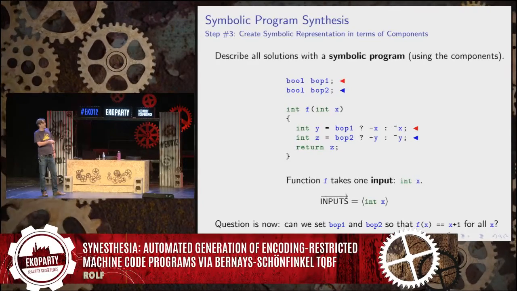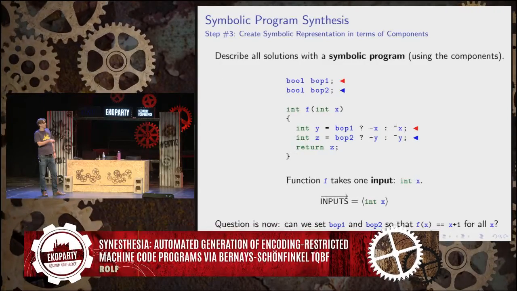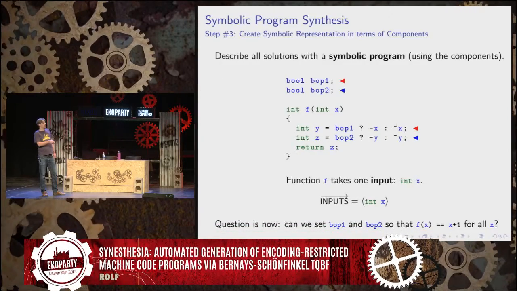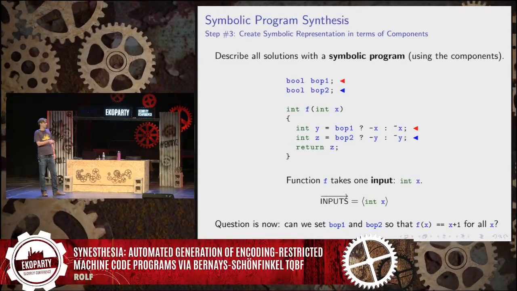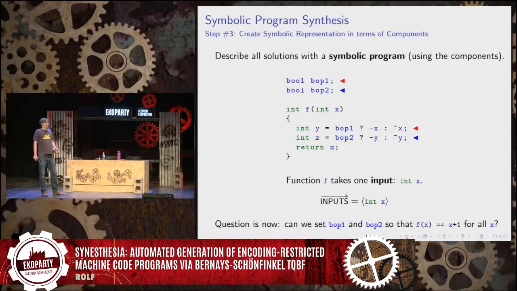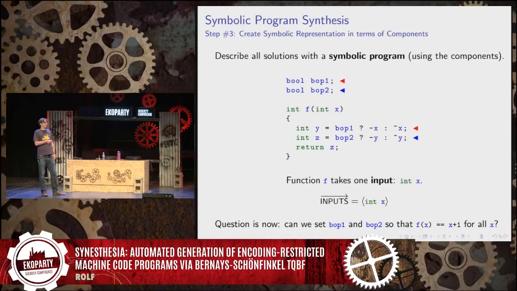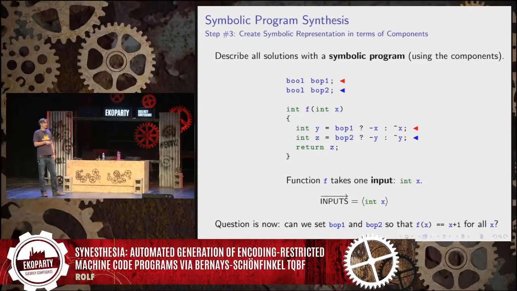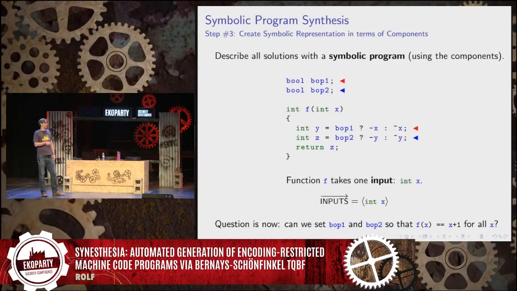And then the first line just performs either a neg or a not based on the first component. And the second line just performs, once again, either a neg or a not based on the second component and returns the value. So now the question becomes, is it possible for us to set the values of these Boolean variables in such a way that causes this program to always return x plus 1?